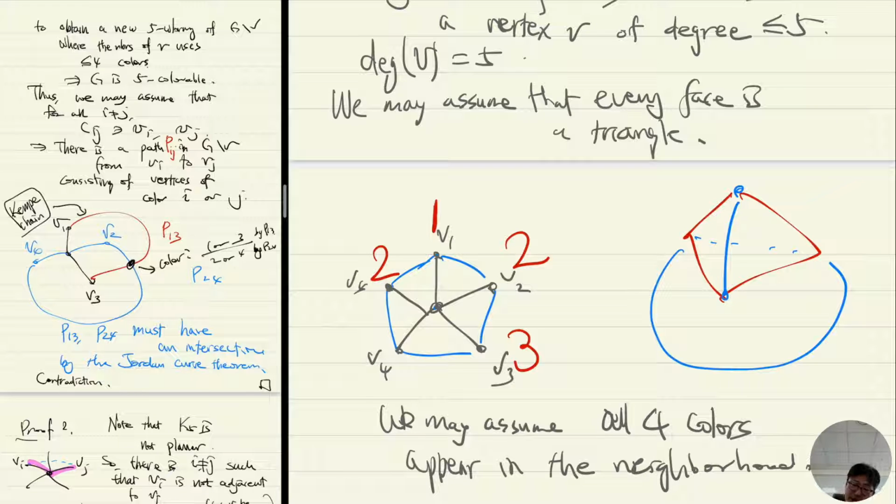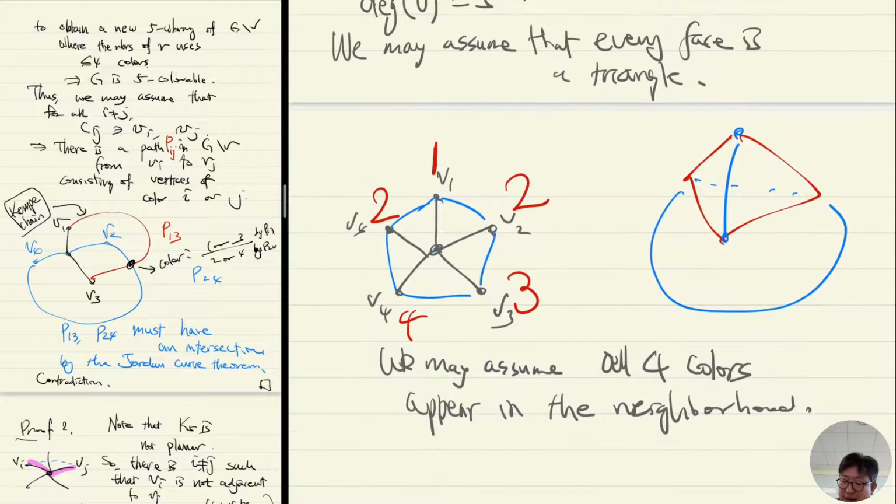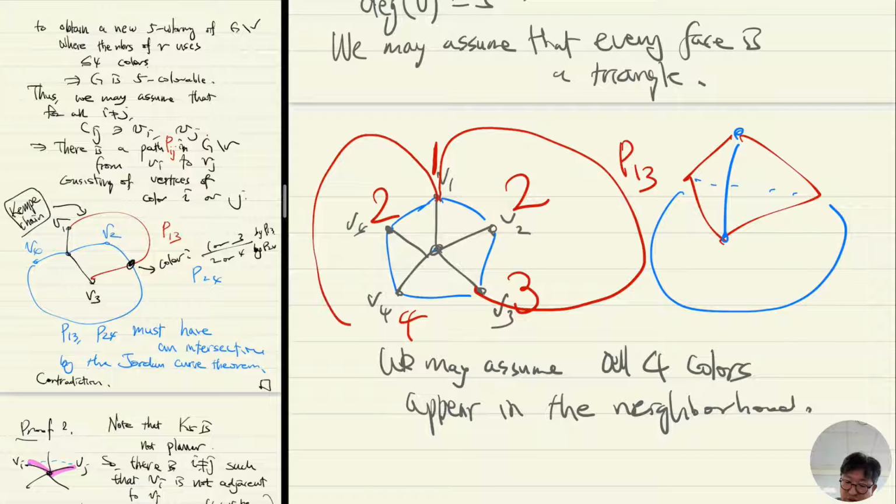All right. So color 4 appears here. Okay, color 4. So let's assume that this is the coloring. And now by our assumption, otherwise we use Kempe argument. There's a path from 1 to 3, P13. There's a path from 1 to 4, P14.